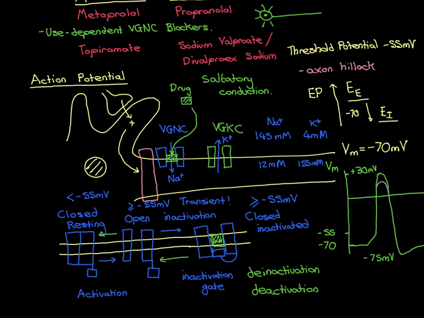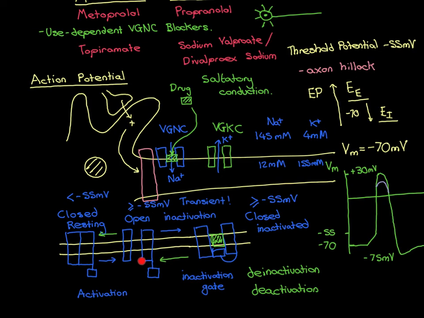So, when we go below negative 55 millivolts, of course, normally the closed inactivated voltage-gated sodium channel wants to return to the closed resting state by going into the open state first, transiently. It wants to de-inactivate, and then it wants to deactivate. And remember, it de-inactivates slightly slowly. This takes time crossing this bridge. Crossing this bridge, the deactivation is extremely rapid.